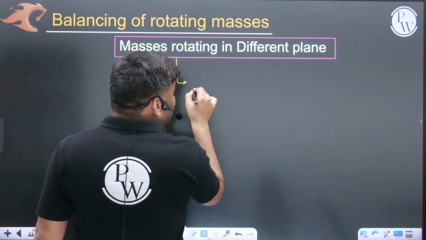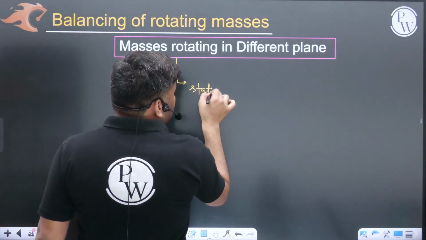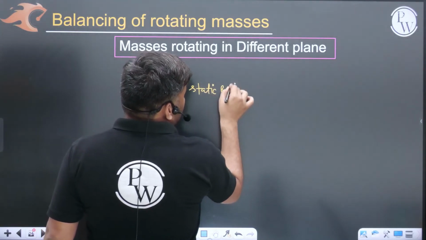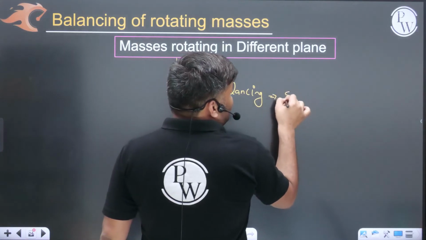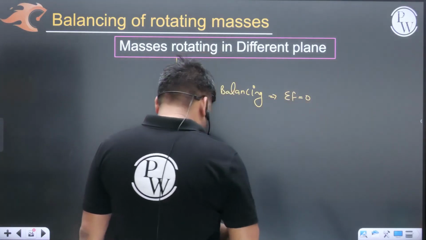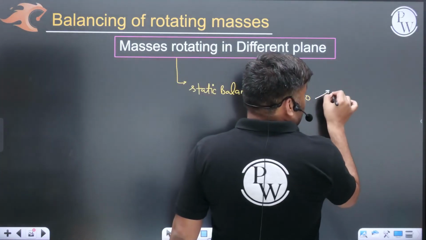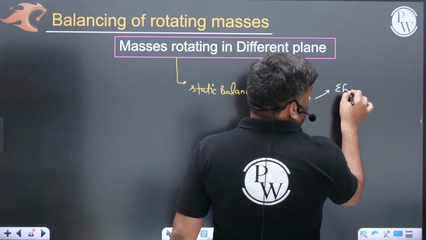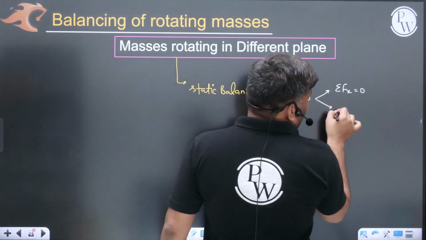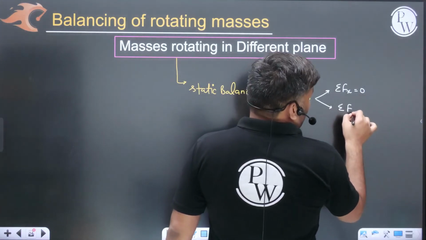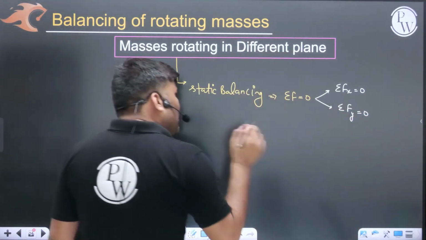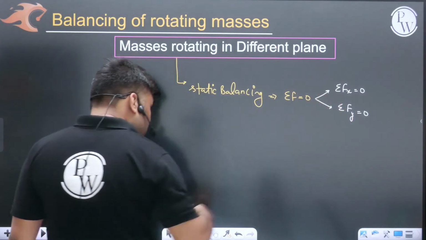Static balancing also has to be done. That means the summation of forces must be 0. For the summation of forces, the summation of forces x component must be 0, and the summation of forces y component must be 0. Put down all these values. Two equations you will get here.